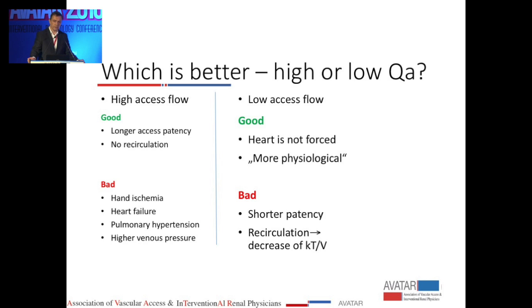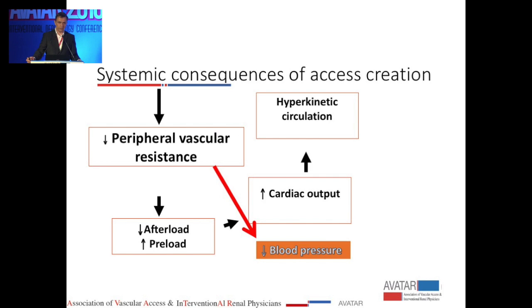It increases venous pressure. On the contrary, low access flow is probably good for the heart. It is not forced, so we feel that it is more physiological. However, low flow accesses generally have shorter patency and higher risk of recirculation.